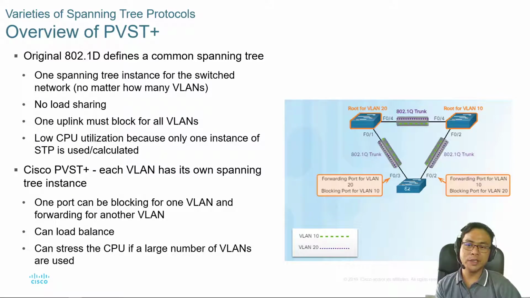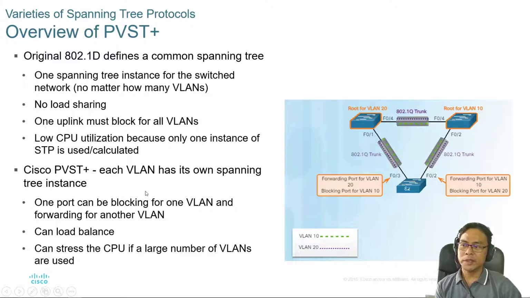So no load sharing, one uplink must block for all VLANs. Low CPU utilization because only one instance of STP is used or calculated. Actually, I don't see any more and not much discussion about this kasi very straightforward naman yung mga sinasabi nila.